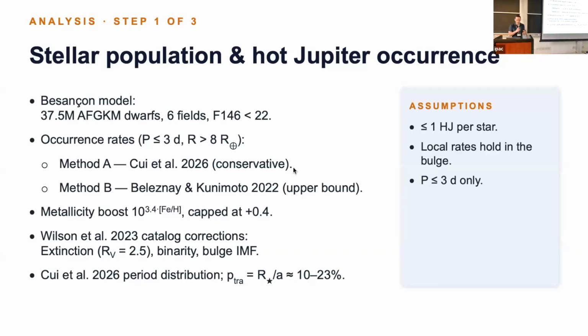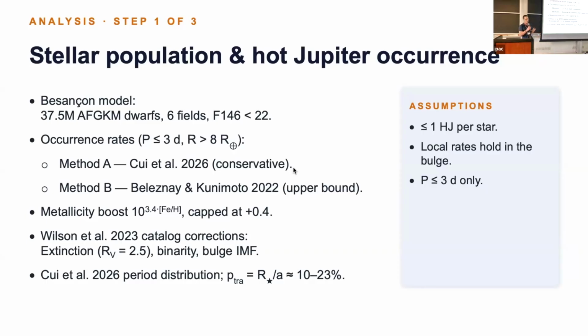We start with a Besançon model. I hope I pronounce it correctly. By hot Jupiter, I mean planets within 3 days and larger than 8 Earth radii or 0.7 Jupiter radius. I'm only talking about those kinds of planets, not beyond.